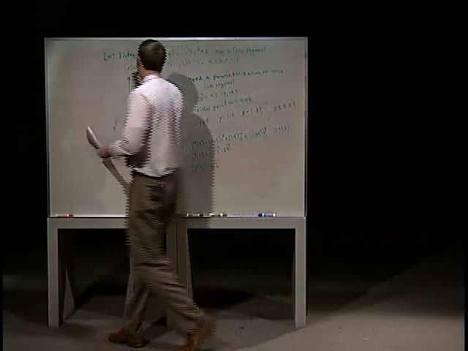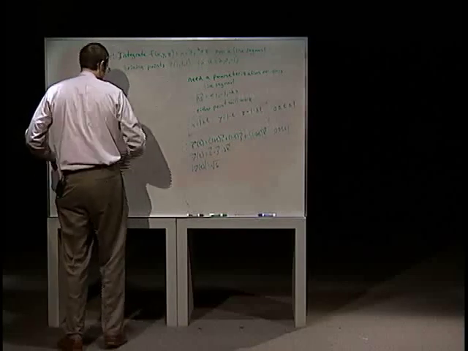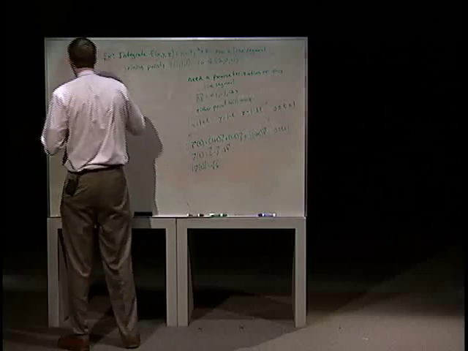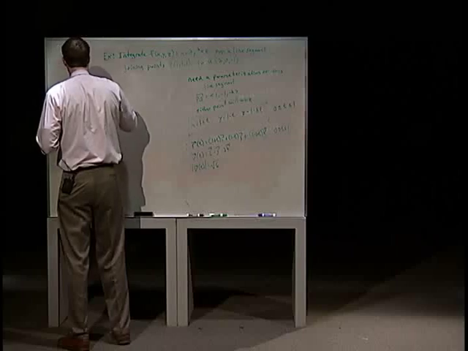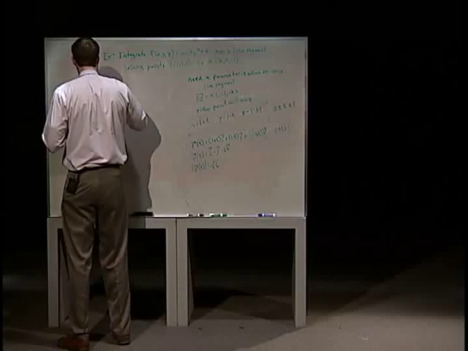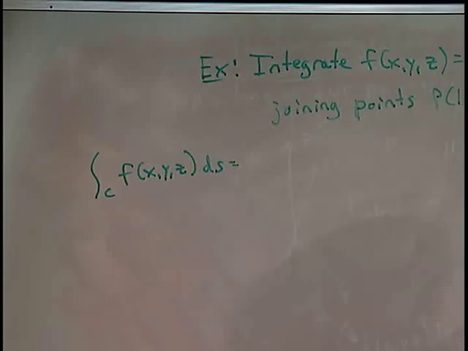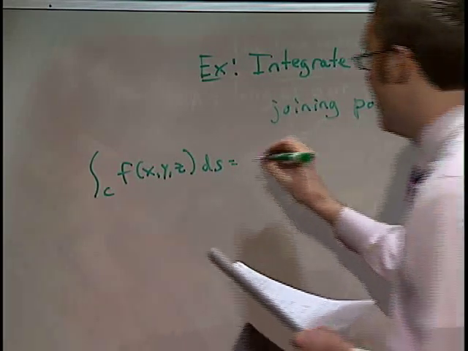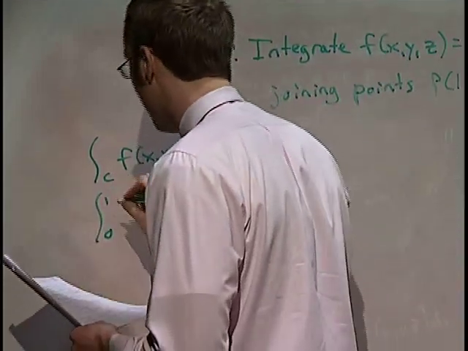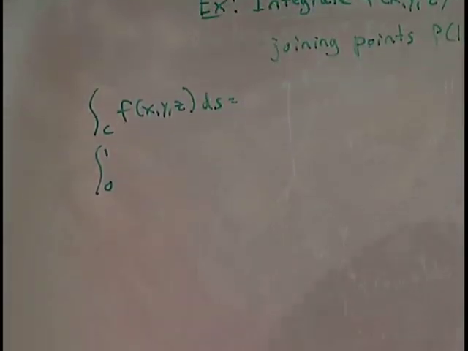So let me come over here and erase. So we want to compute the line integral of f of x, y, z ds over the curve C, right? The curve being what I just erased, this path of integration. And the endpoints are 0 to 1 in the t value.